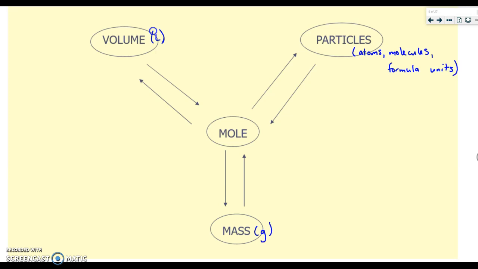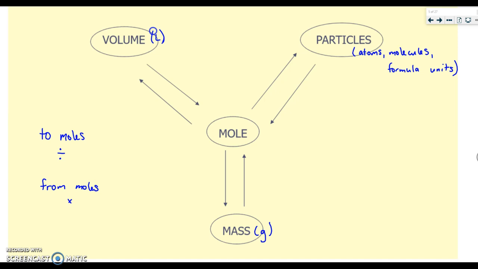A couple of things before we fill this out. Every time we're going to moles, so you're going into the map, you're always going to be dividing. And if we're going away from moles, we're always going to be multiplying. We are going to use dimensional analysis, and we're going to write the conversion factors in on this chart.